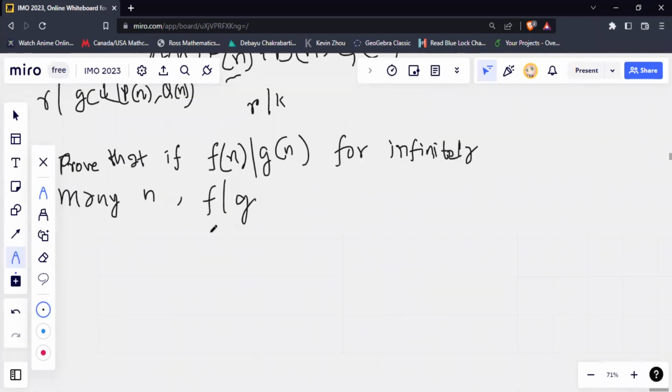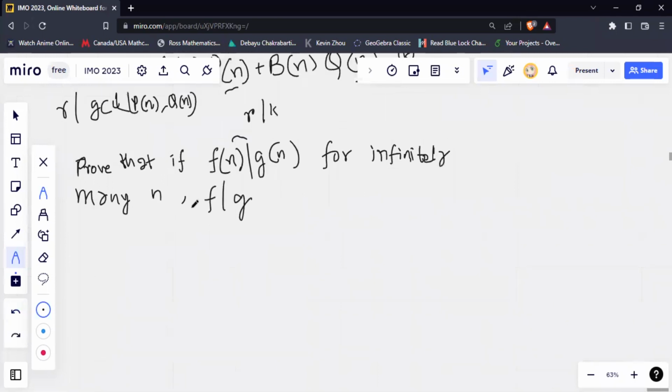Here we have polynomial division, while this is division between two numbers because it is evaluated at n.